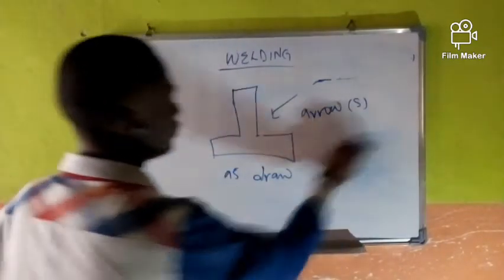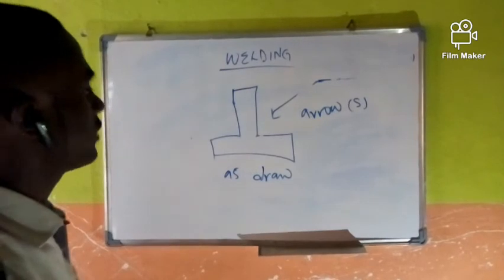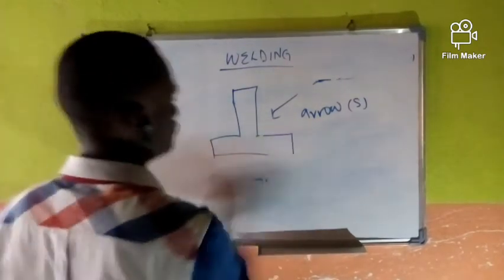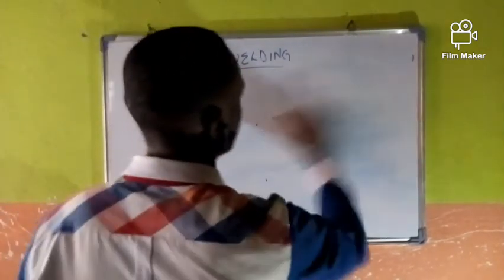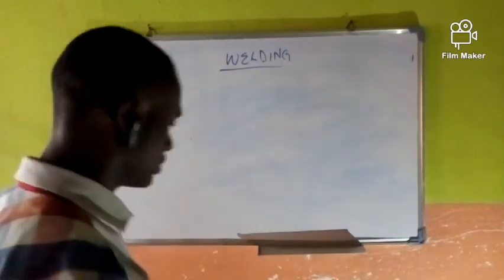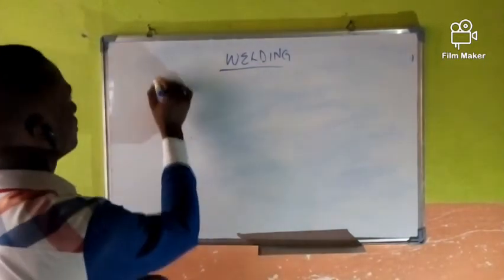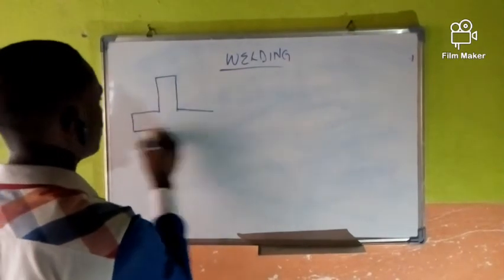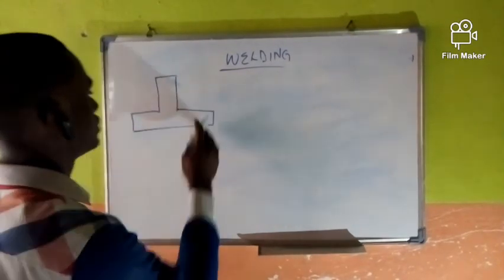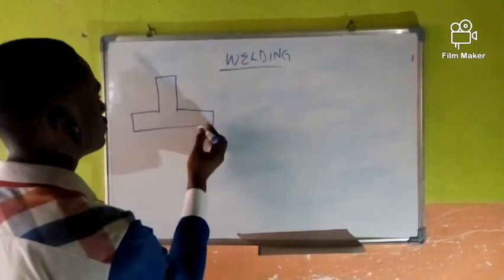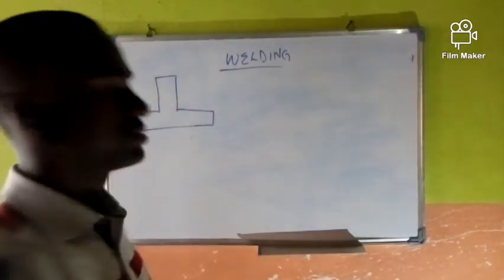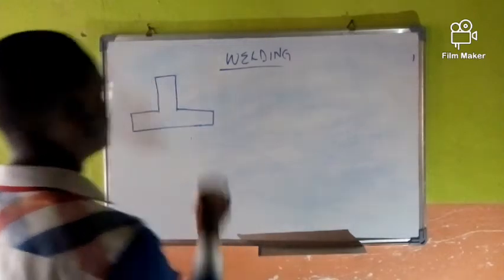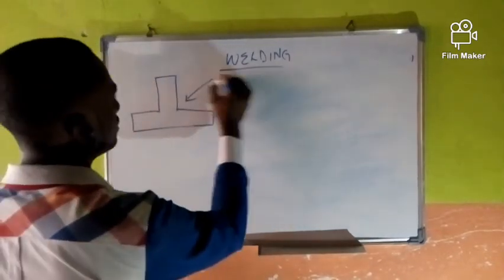Now we are going further. All right, let's see if we can do a little work. This is a piece of work that is being given to us. We want to weld it now to show the parts, up to 3 parts or 3 sides. So we are given a problem here.